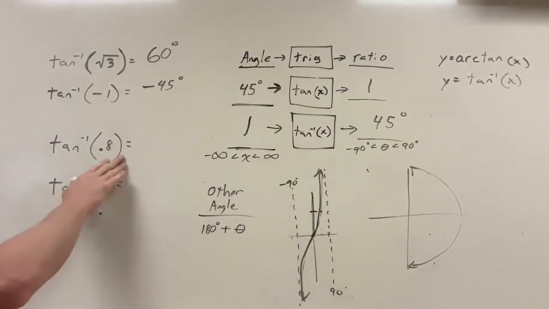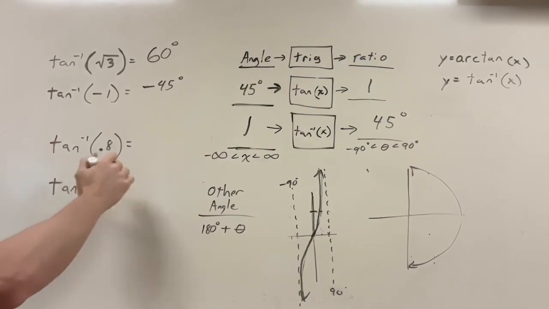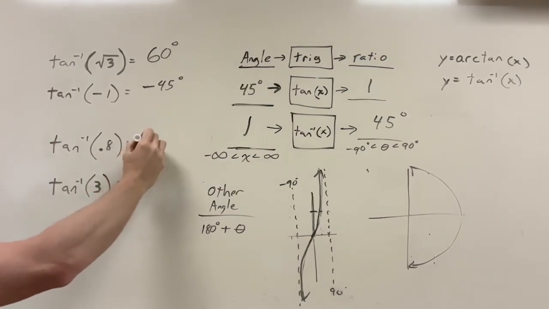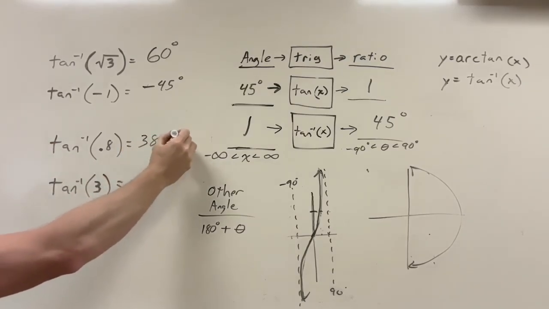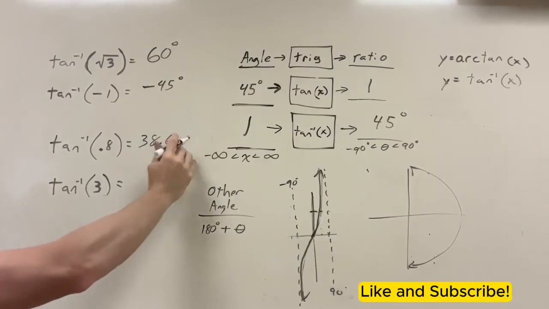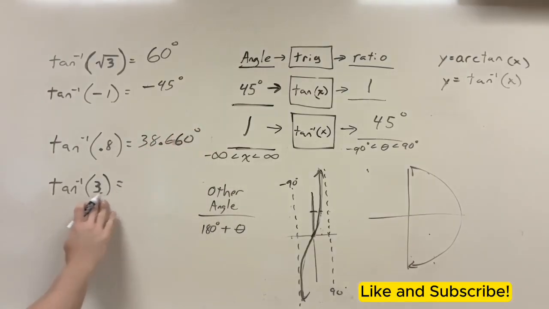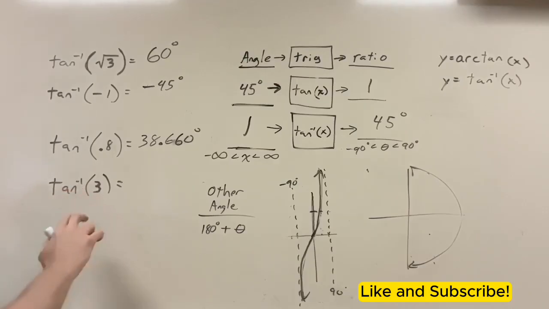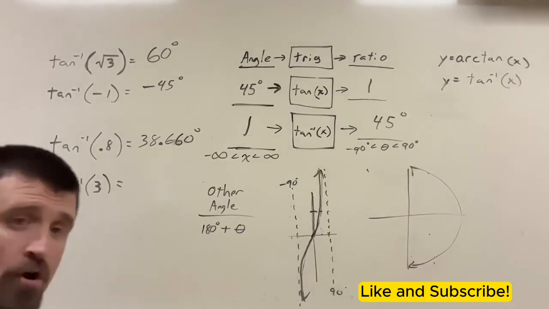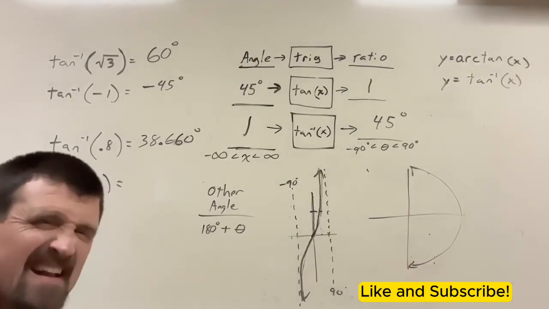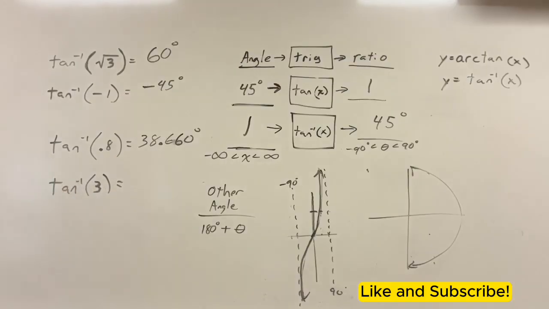If I were using a calculator, if I were to take the arctangent of 0.8, I would get 38.660 degrees. And I wanted to point this out, the arctangent of 3. When we did the arcsine of 3 or the arccosine of 3, both of those answers were undefined or did not exist, because 3 is outside of their domain.